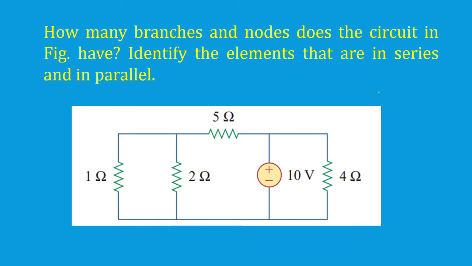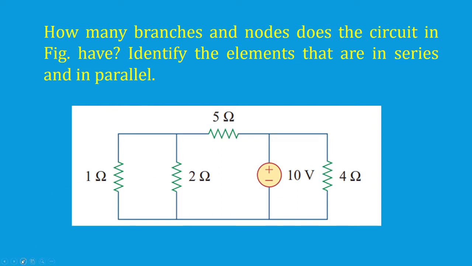First branch is the 1 ohm resistor, second branch is the 2 ohm resistor, third branch is the 5 ohm resistor, fourth branch is the 10 volts voltage source, and the fifth one is going to be a 4 ohms resistor. So in total we have 5 branches.